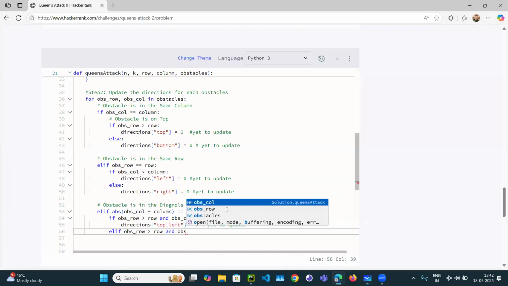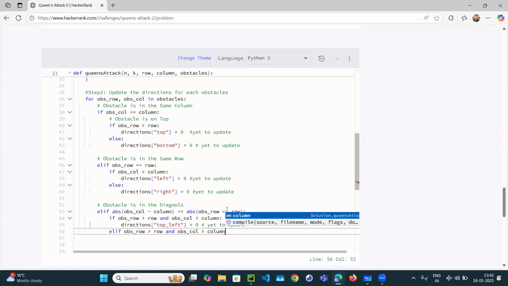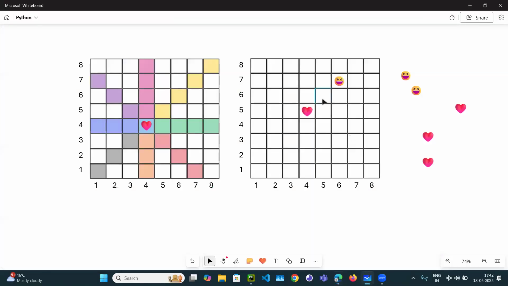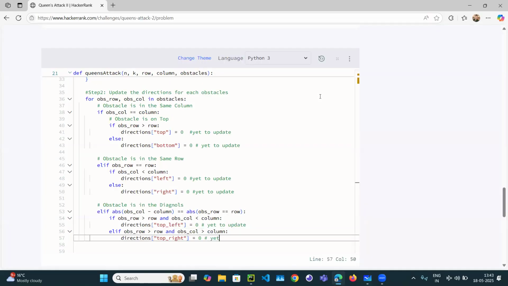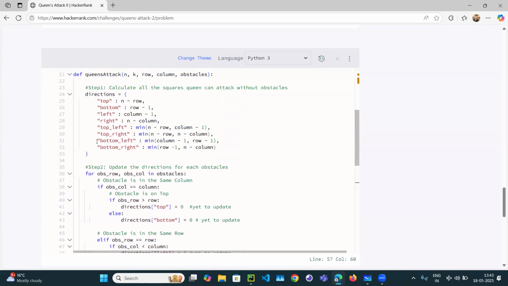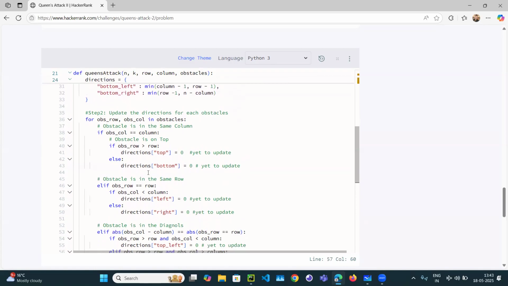So obstacle column should be greater than the queen's column, right? If that will be the case, you need to update the top right, because earlier top right value is 1, 2, 3. Now it should be 1 only. But how you are going to calculate 1, that is a different scenario. But you need to update if there is an obstacle. If there is no obstacle, then you are just going to add all these 8 variables, right?